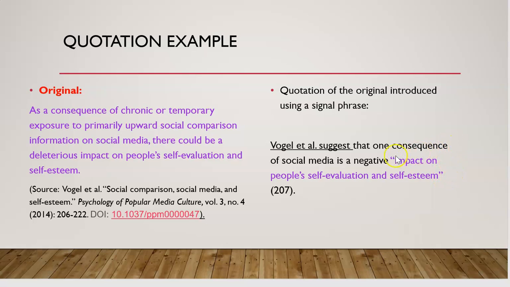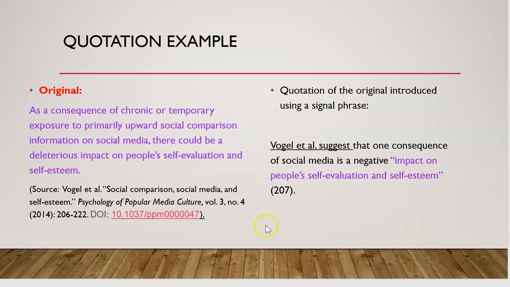The rest of these words are my own words. So the quote is just sort of finishing my sentence. And I'm just including a little piece of the original text. And because I've included the names of the authors here at the start, I don't need to include that information in my citation. I just need the page number.